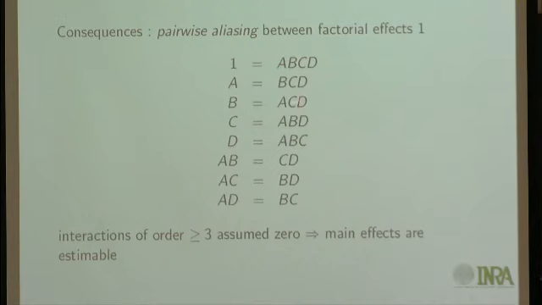For instance, the first here is obtained by multiplying this one by A. So we get A equals A squared BCD, and because we work modulo 2 here, A squared is equal to 1, so it gets erased. And it is the same for the lines below.